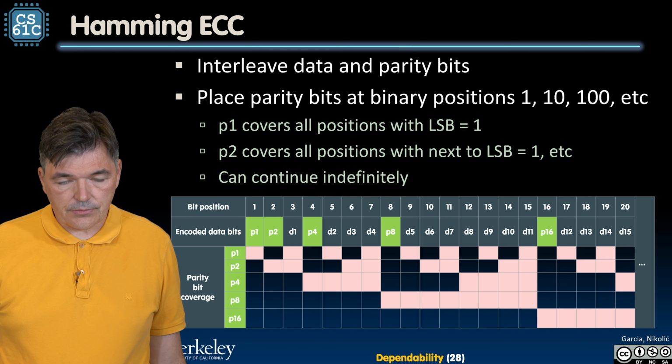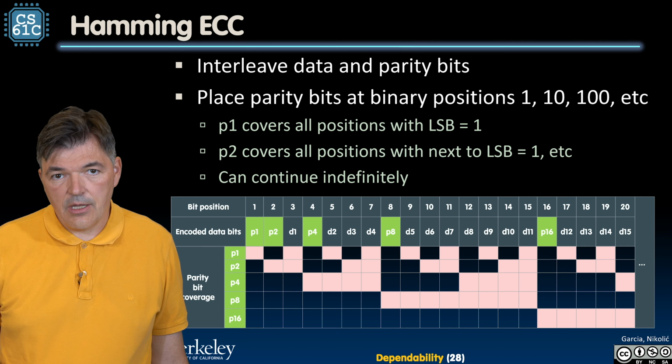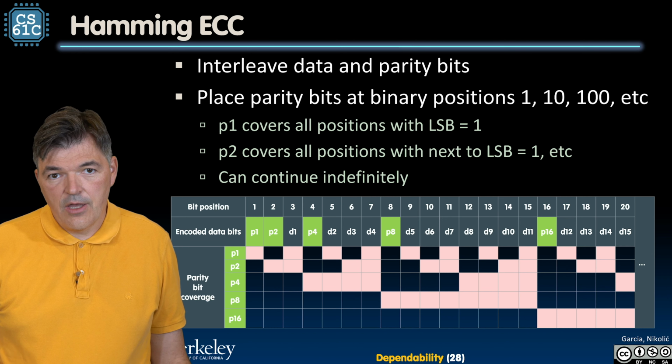P2 covers all bit positions that have the bit that is next to the least significant one equal to 1. So these are essentially pairs of these pink fields that correspond to D1, D3, and so on.